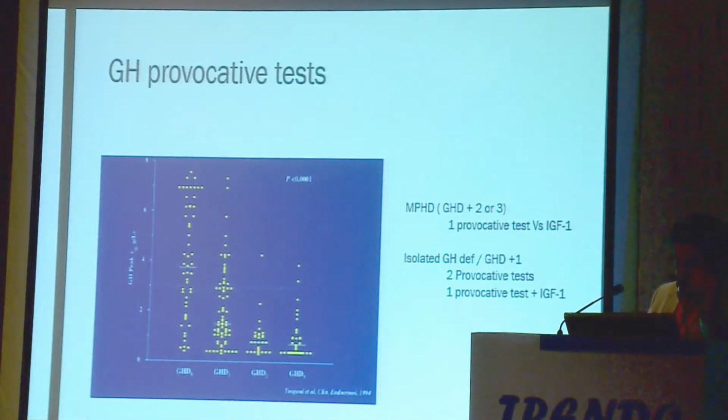And because of the disparity between the individual GH provocative tests, as I told, in a given patient, if you do 2 stimulation tests, the patient may pass one test and fail another. The typical example is the patient undergoing cranial irradiation. In cranial irradiation, it is the hypothalamus which gets involved first, followed by the pituitary at a later stage.